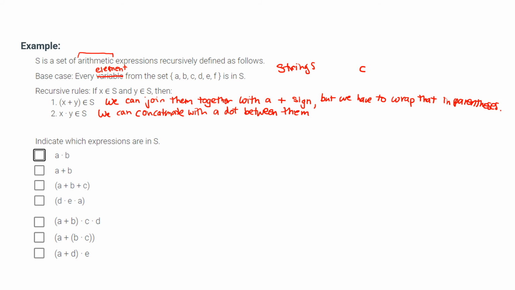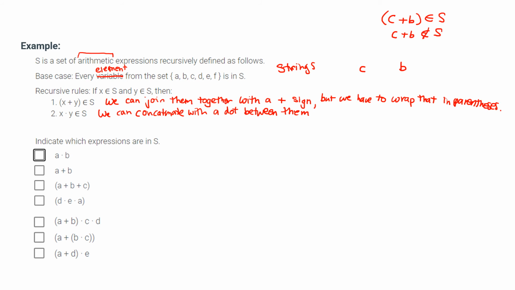And let's also start with a B. I could have C plus B with parentheses around it. That would be an element of the set. C plus B by itself, I'd say that is not in S, because I didn't put parentheses around it.